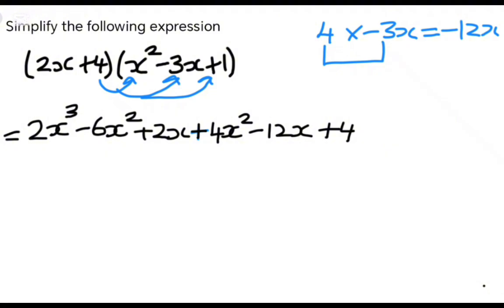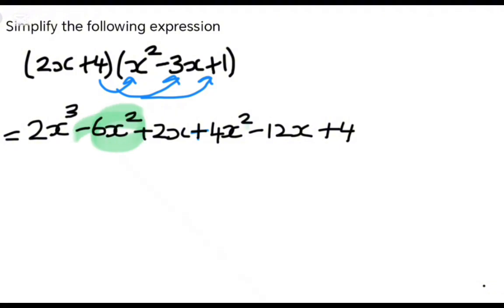So what we need to do next is to add the like terms. We're going to add the like terms this time around. So what are the like terms that are here? If you can pay attention, this term is the same as this one, and also this one is the same as this one. So we have to add them. So when we add the like terms, you don't have to worry about this kind of stuff. So negative 6x squared, we're going to take it with plus 4. You take it the way it is there. So what you're going to do, ignore this x squared, focus on the numbers that are there.